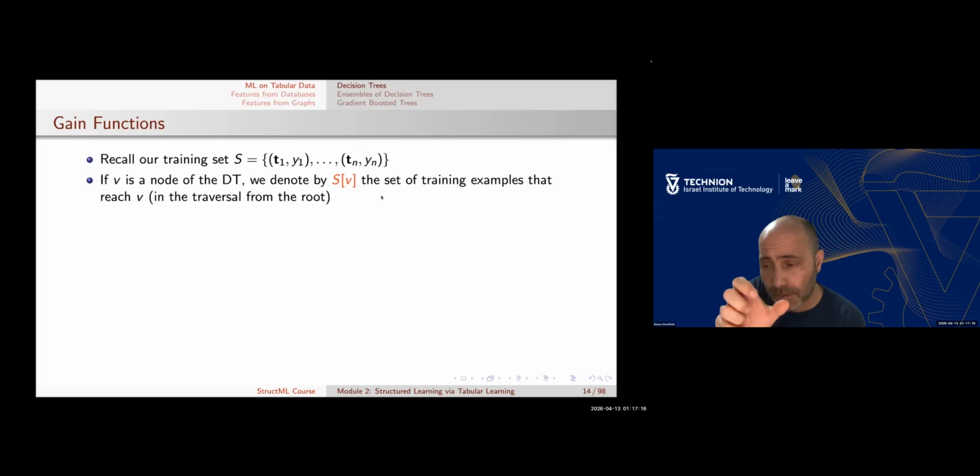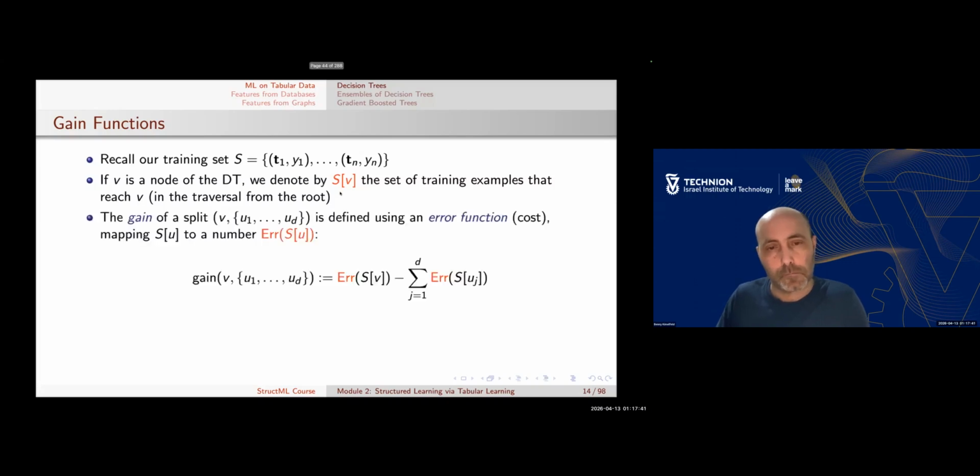When you take a tuple T and you start walking the tree, you reach V. If V is a leaf, then it ends up at V. If it's not a leaf, then it further goes to the subtree under V, but it visits V at some point. So basically, it meets all of the conditions up until V. That's S[V].